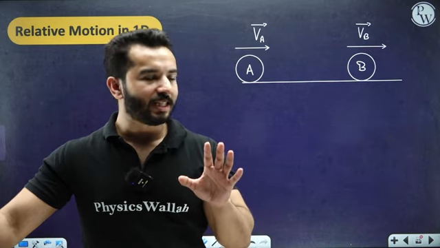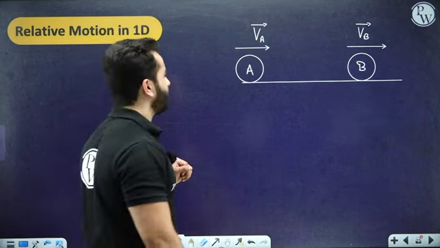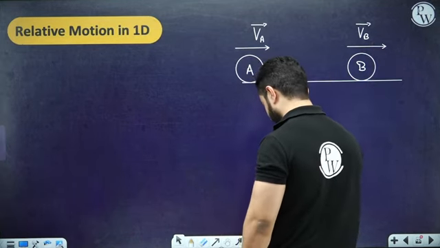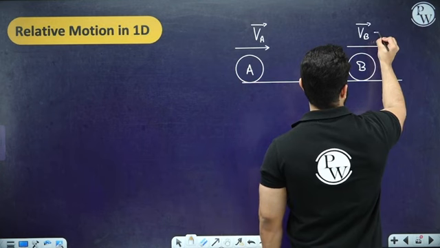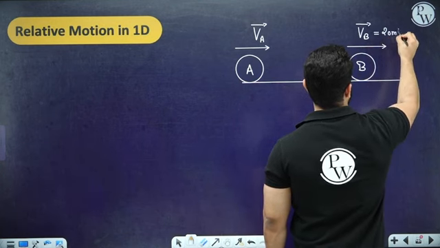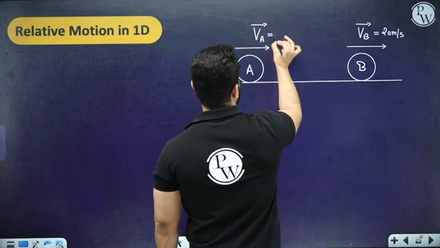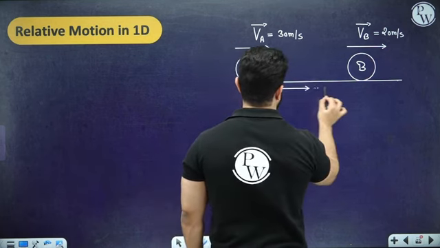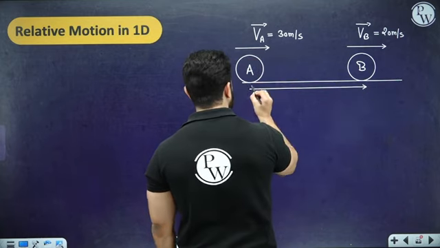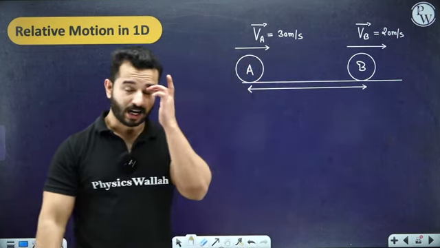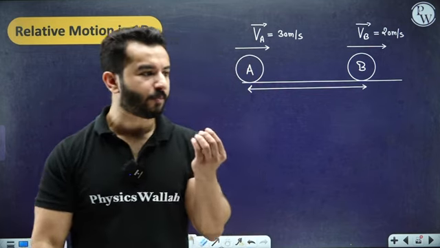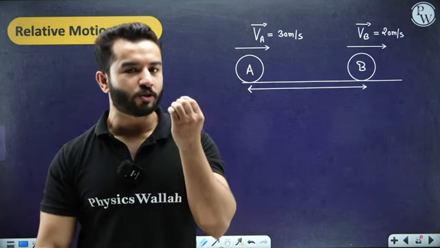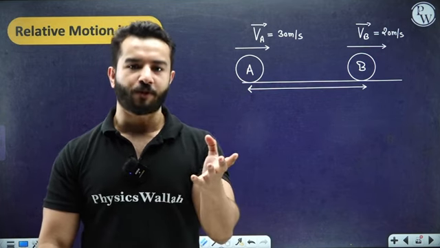The trick is, let's say that this is moving with 20 meter per second and this is moving with 30 meter per second, and the initial separation between them is, I'm starting with the easiest example, so don't worry about it. I'm deliberately starting with the easiest example because I'm explaining to that student who is studying for the first time or who is not able to understand the concept of relative motion, right?